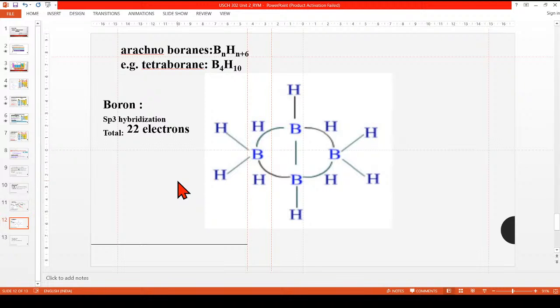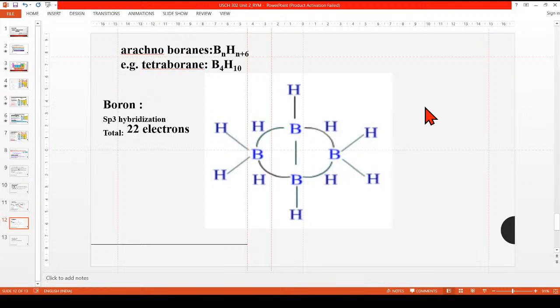Your diborane was nido. Diborane is nidoborane, and tetraborane is arachnoborane. So there it is BnHn+6, so in tetraborane there will be B4. B4H10 is the molecular formula of tetraborane.